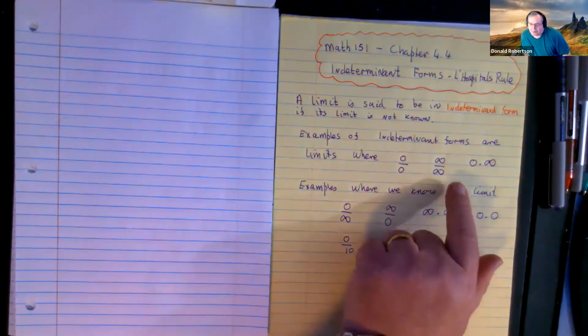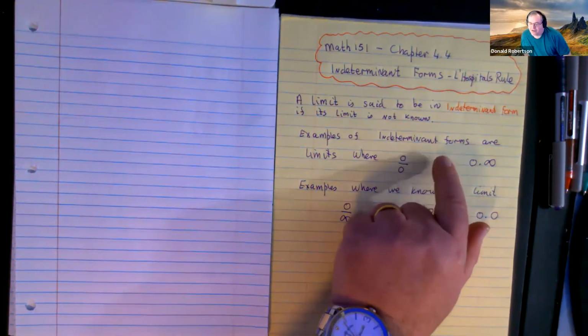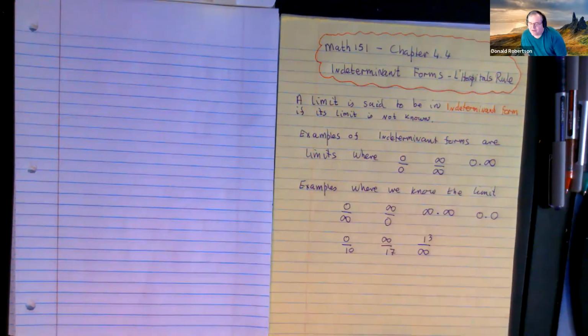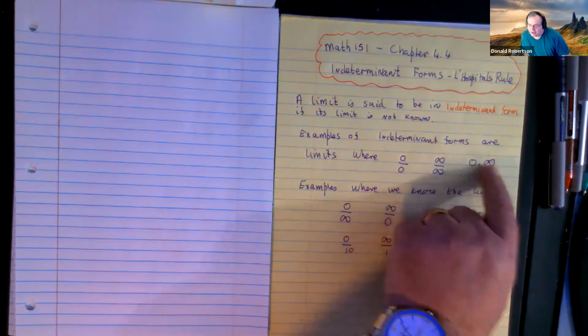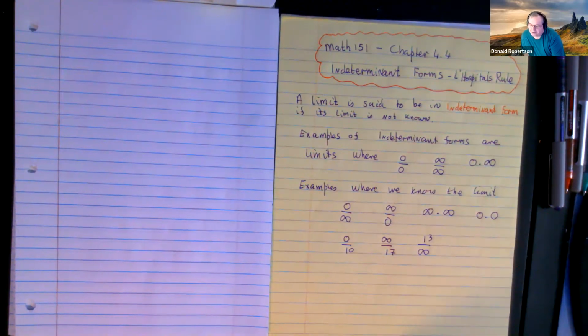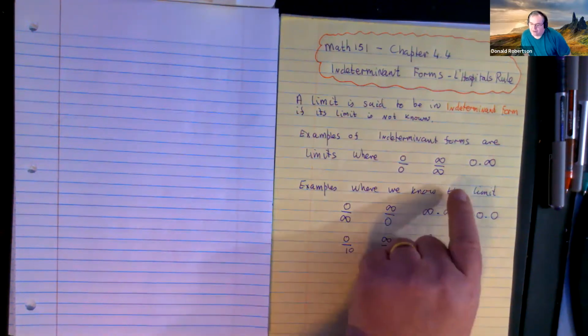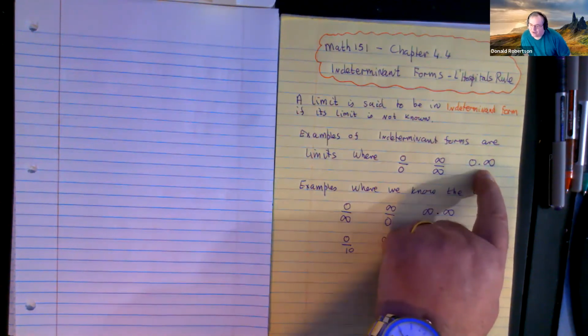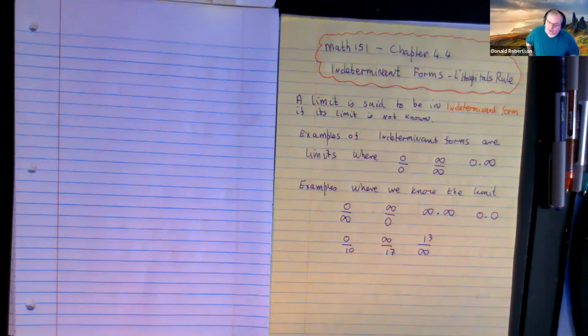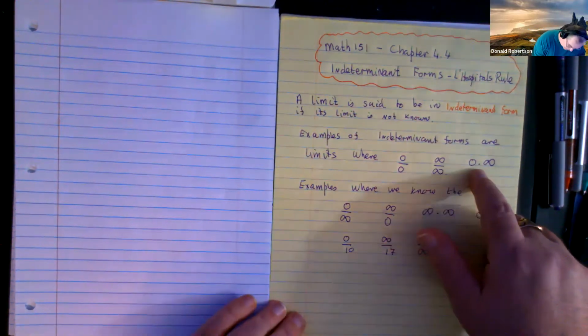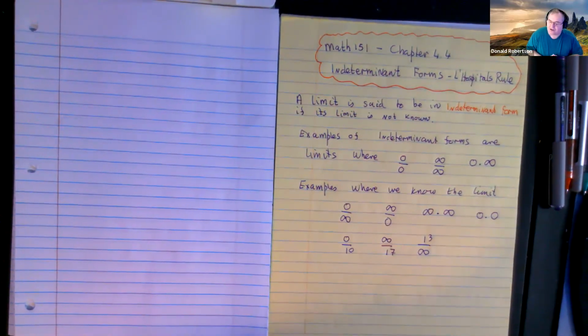A lot of people think of infinity as a number, and when you start thinking of it as a number, you get the wrong idea. 0 times infinity could be 42. It could be infinite, and it could be 0, because infinity isn't a fixed value, right? It could be as large as possible. So even 0 times infinity doesn't necessarily guarantee that it kills it.